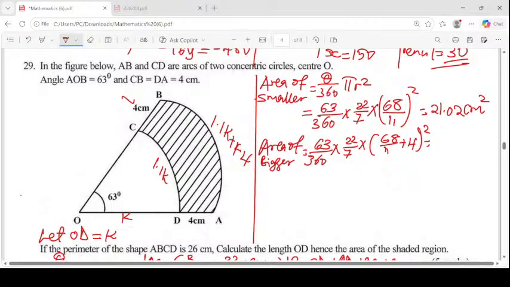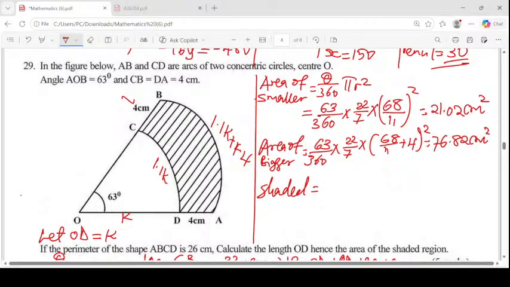This becomes 11 whole number, 9 over 11. Then we square this. You multiply this by 22 over 7 by 63 over 360. This becomes 76.82 square centimeters.